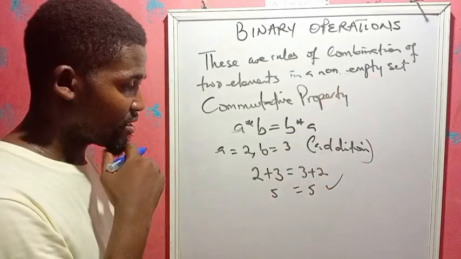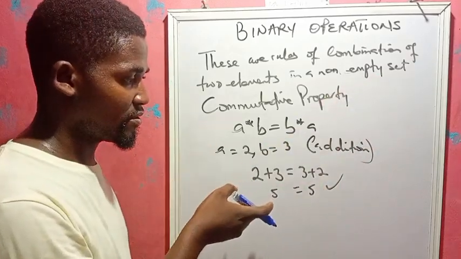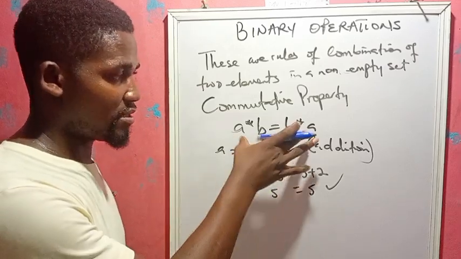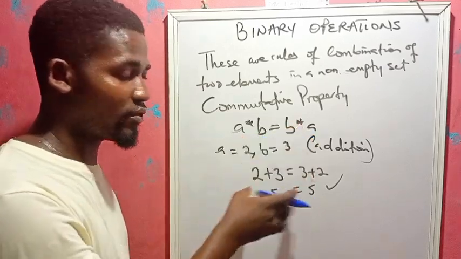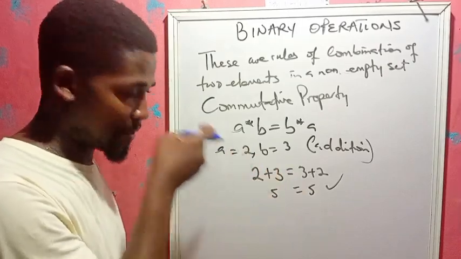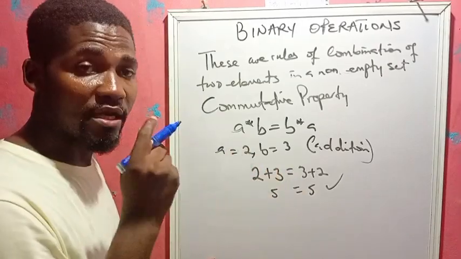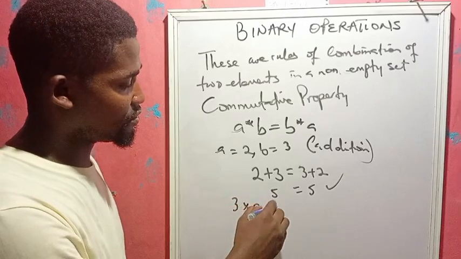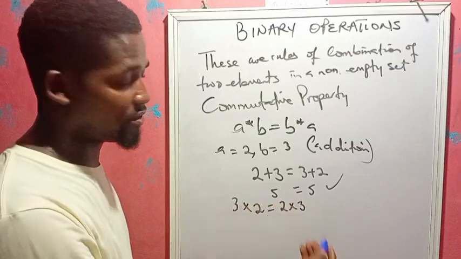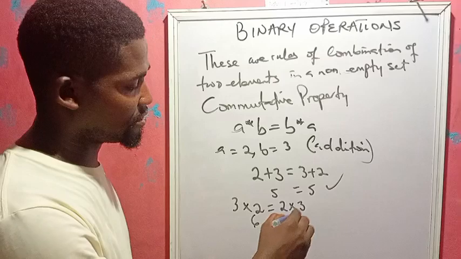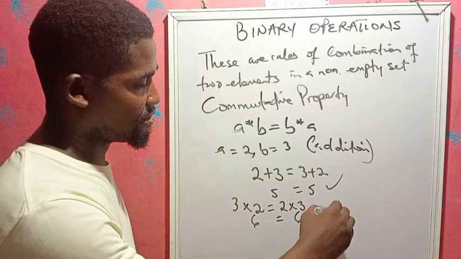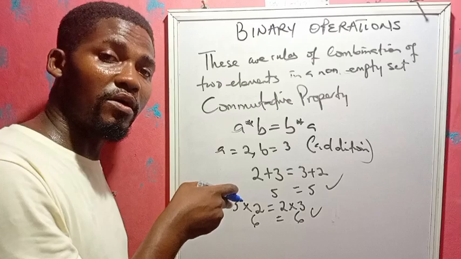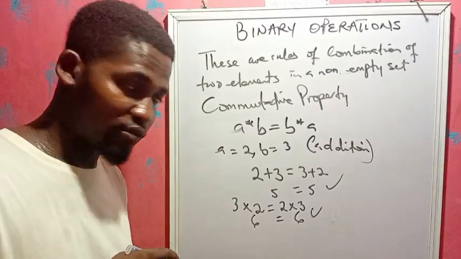This is correct, so the operation is commutative under addition. Then let's look at multiplication. 3 times 2 equals 2 times 3. This is 6 and this is equal to 6, correct? So it is commutative under multiplication too.